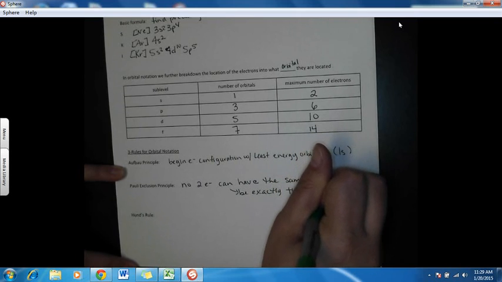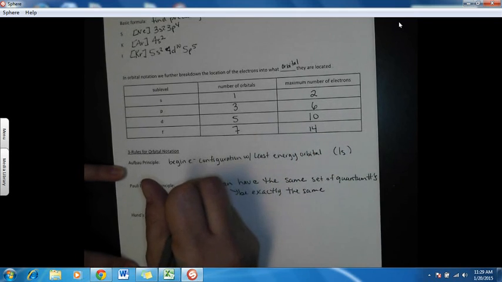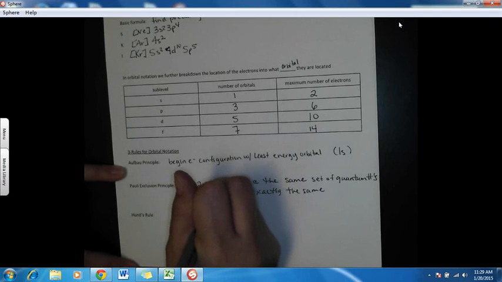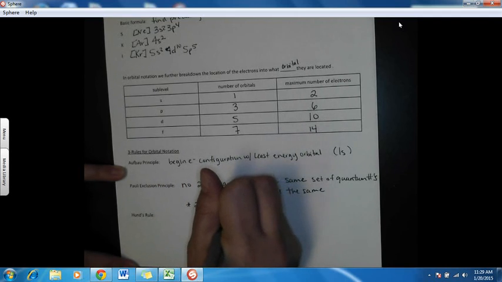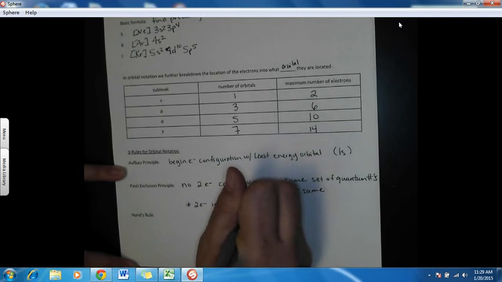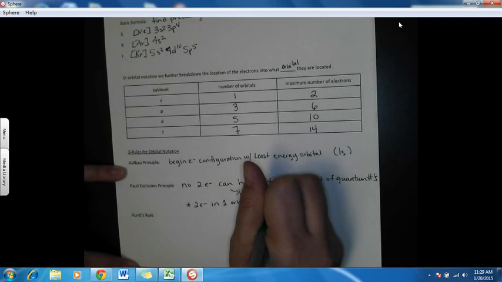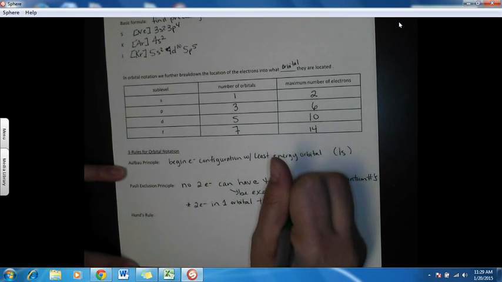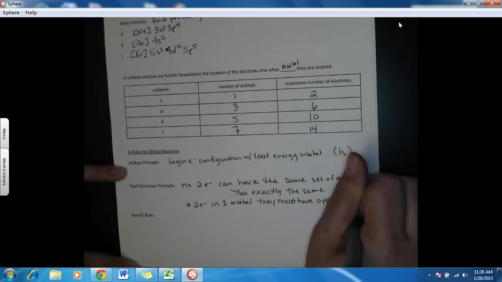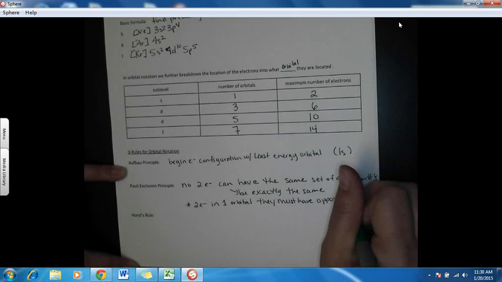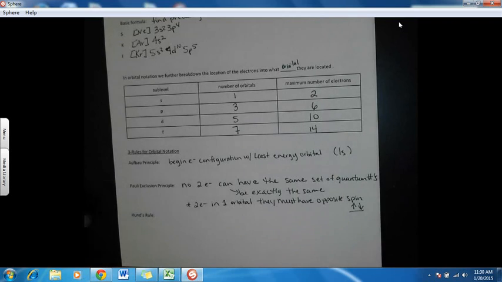And how that corresponds to us here is that if we have two electrons in one orbital, they must have opposite spin. Okay, and we show that spin by doing arrow up and arrow down. That shows us that spin.